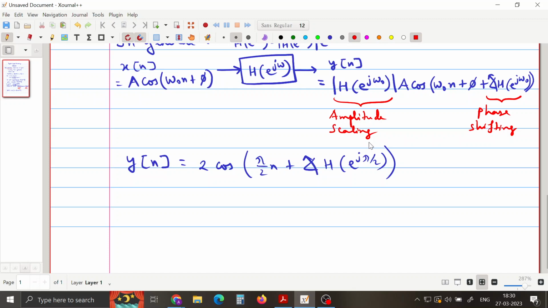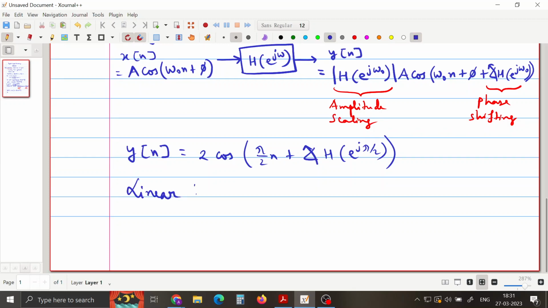So in the question it was mentioned that it is a linear phase system, which implies that group delay should be constant.